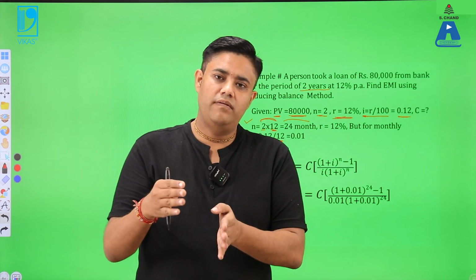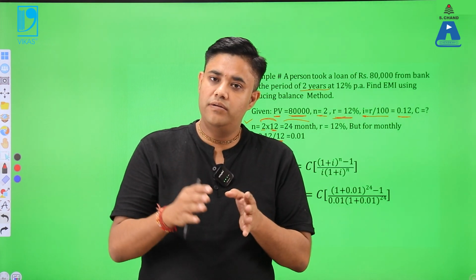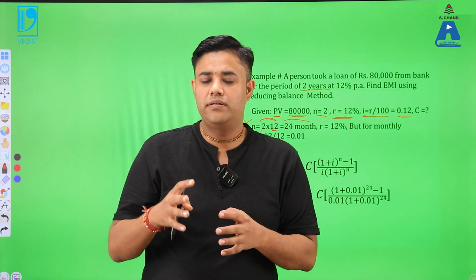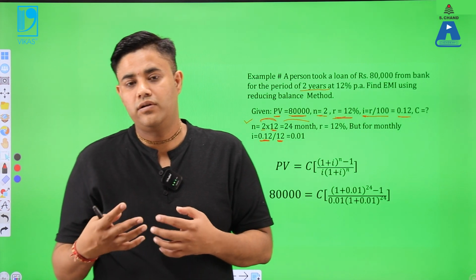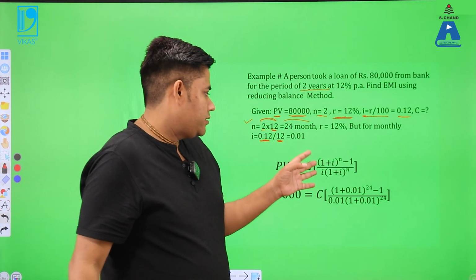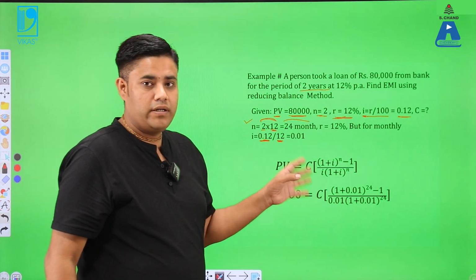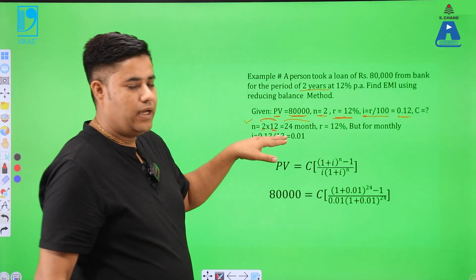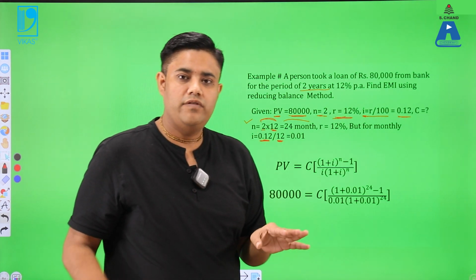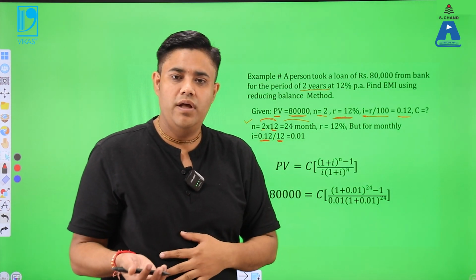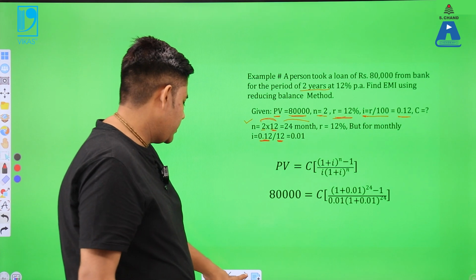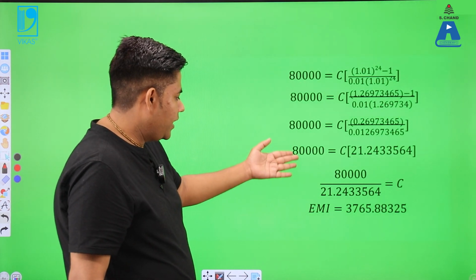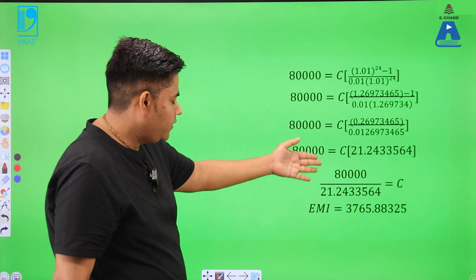I'll get a particular value, calculated through a particular set of equations. But you have to divide that particular rate and time in terms of months, because you need to find out equal monthly installments.